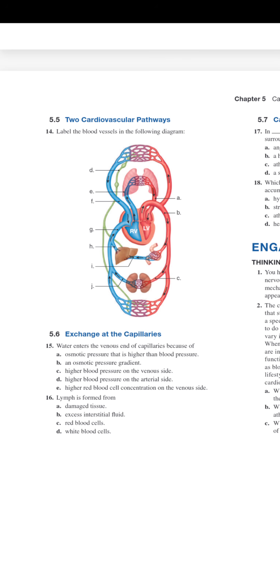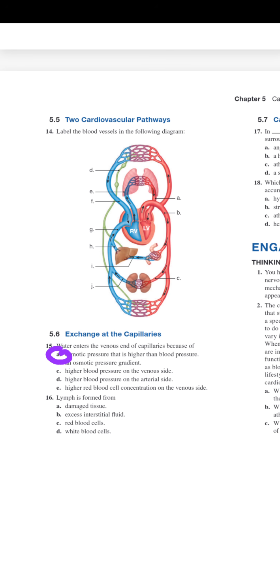Coming to question number 15. Water enters the venous end of capillaries, which will become a venule. Why does the water, aka the tissue fluid, return to the venule? It returns because the osmotic pressure is higher than the blood pressure. We said that in capillaries the blood pressure decreases.